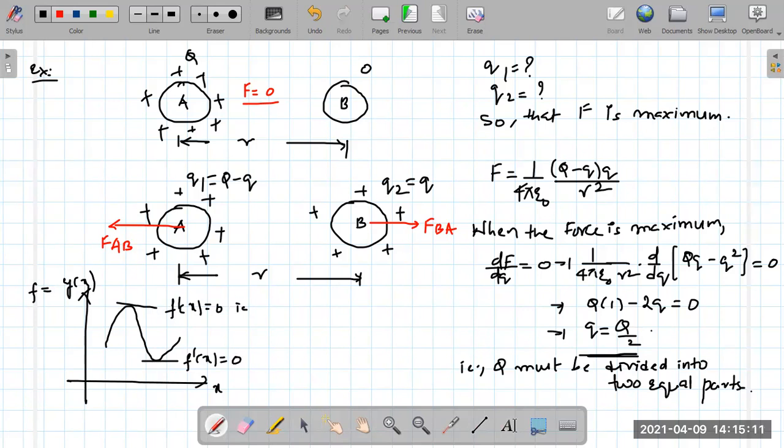That is, dy by dx must be equal to 0. That's the primary condition. Then after that, for maximum, we say d square y by dx square must be less than 0, and for minimum it must be greater than 0. That's why I took dF by dq equal to 0. Yes, sir.